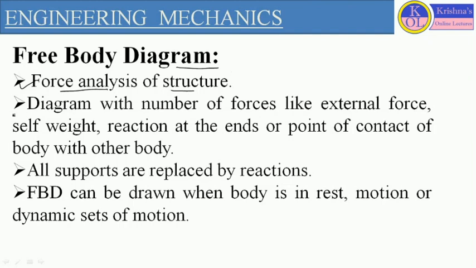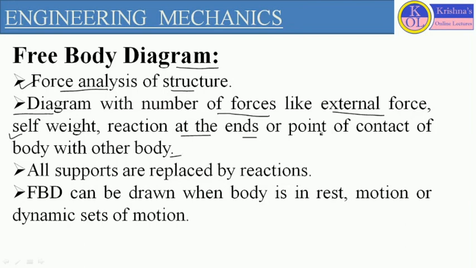In simple words, a free body diagram is a diagram which represents the number of forces applicable on the body, like the external force which is changing the position of the body, the self weight of the body, and the reaction at the end points, as well as at the point of contact of the body with another body.